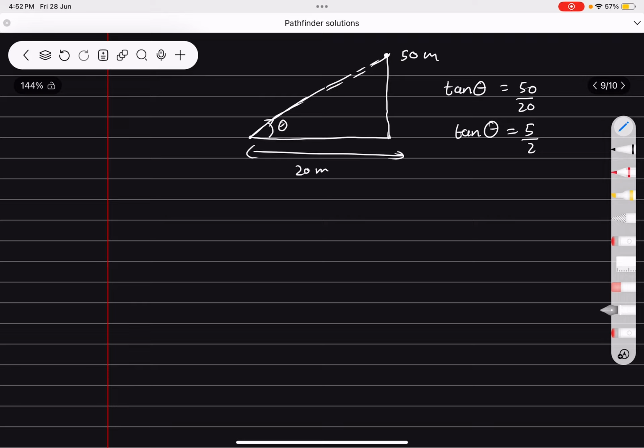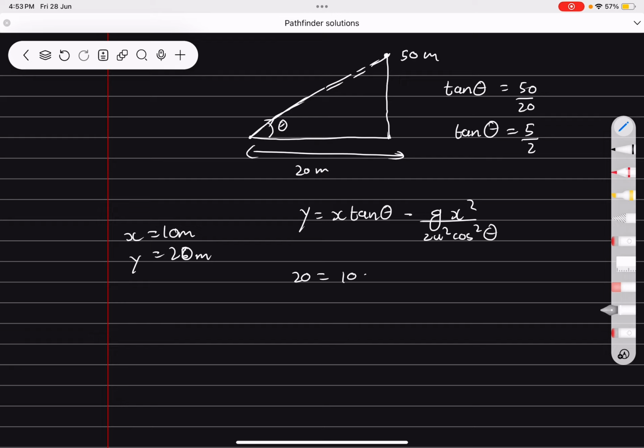If you guys can recall, y is equal to x tan theta, where theta is the angle of projection, minus g x square by 2u square cos square theta, right? So we can find u square because we know at x equal to 10 meters, the y coordinate of the bullet is 20 meters. So put y equals 20, x is 10 and tan theta is 5 by 2, minus g into 10 square by 2 u square.